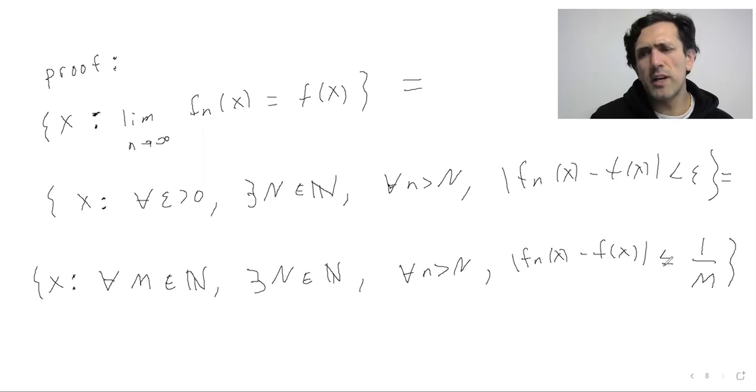And I'm allowed to do less than or equal to because both epsilon and M are arbitrary. And I need less than or equal to, I'll tell you why in a moment.